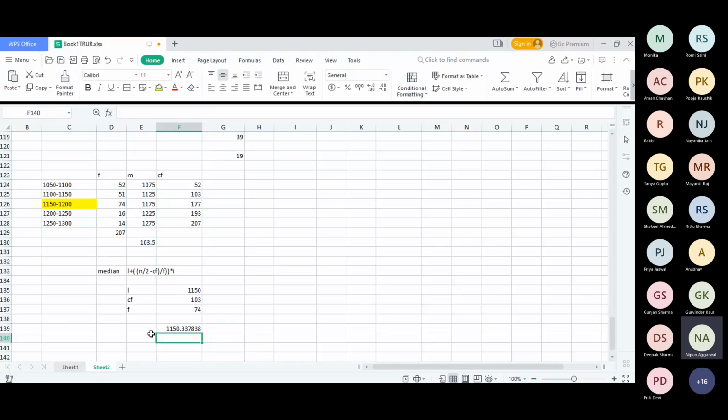That comes out to be 1150.337838, the median of the continuous grouped data. So remember: L plus n by 2 minus CF by F into I.